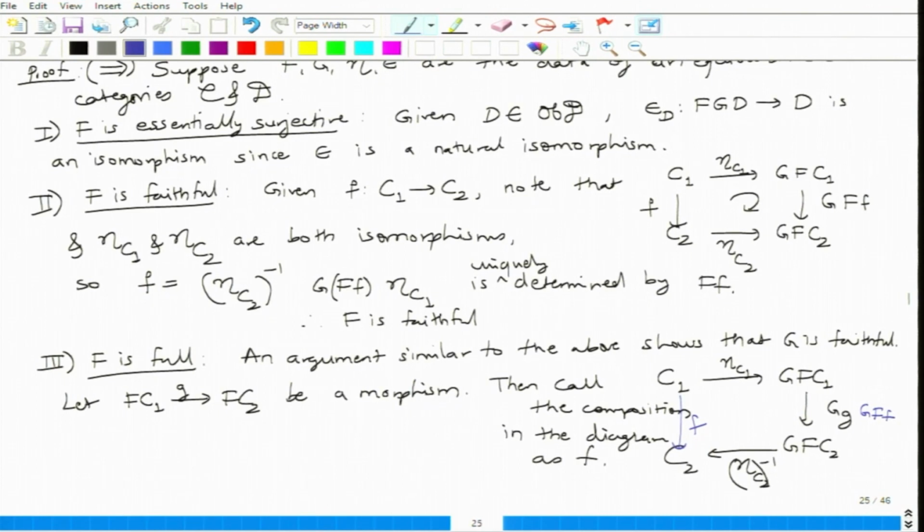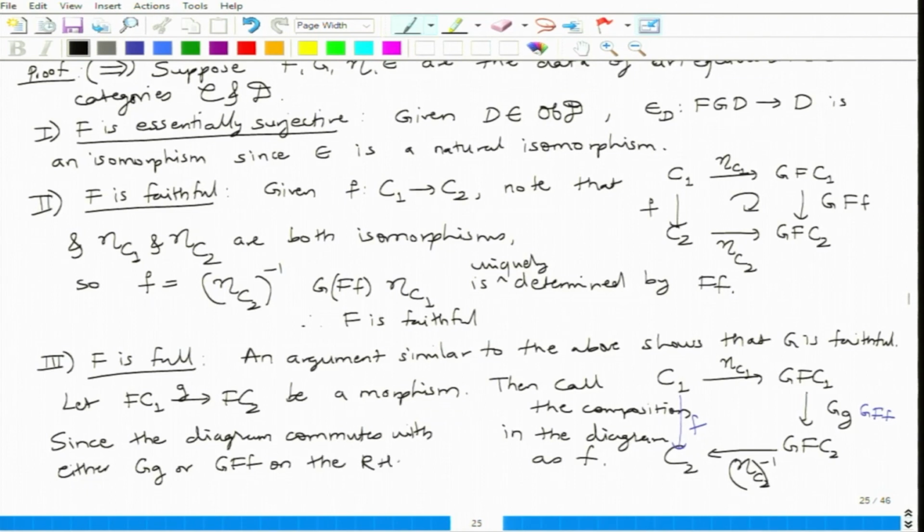Therefore, since the diagram commutes with either Gg or GFf on the vertical right side, by faithfulness of G, Ff is equal to g.